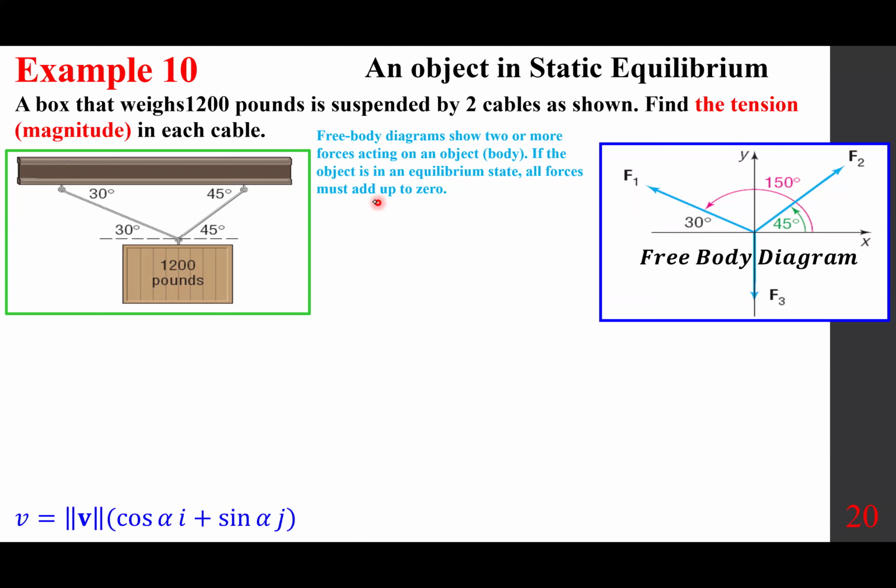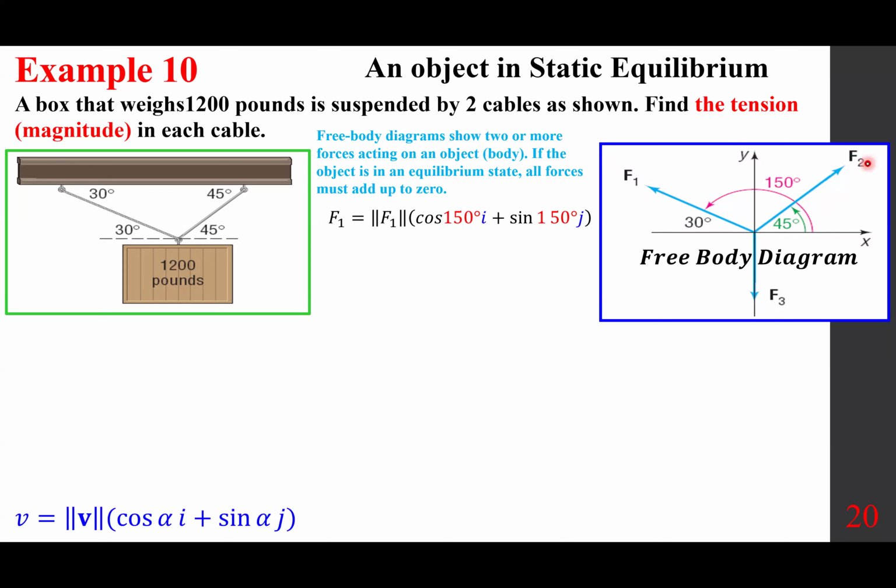A vector has magnitude. So in this case, F1 is a vector. Magnitude of F1, cosine of 150 i plus sine of 150 degrees j. So that would be F1, right?